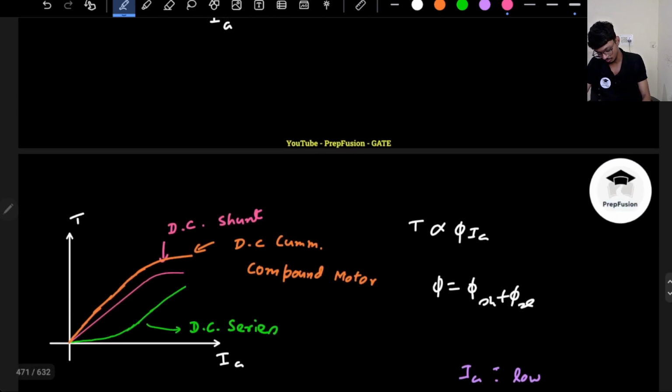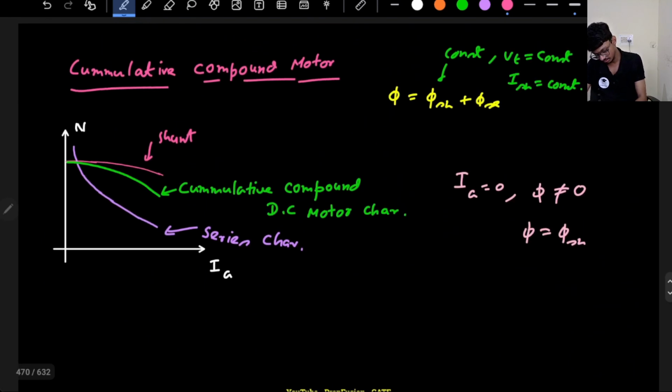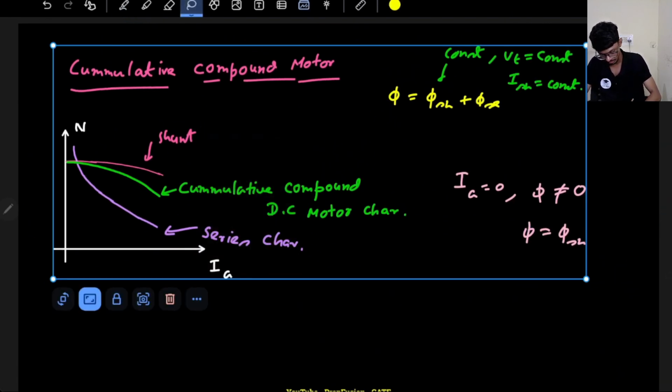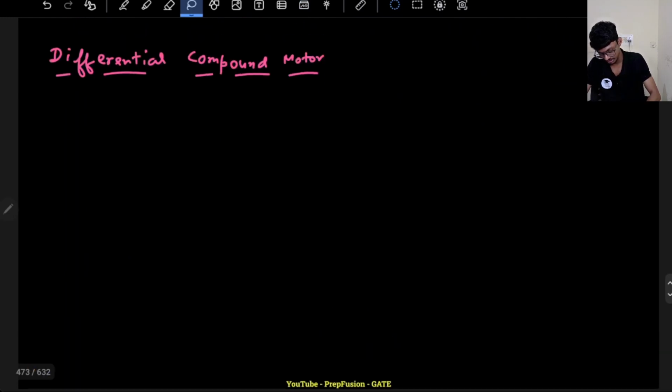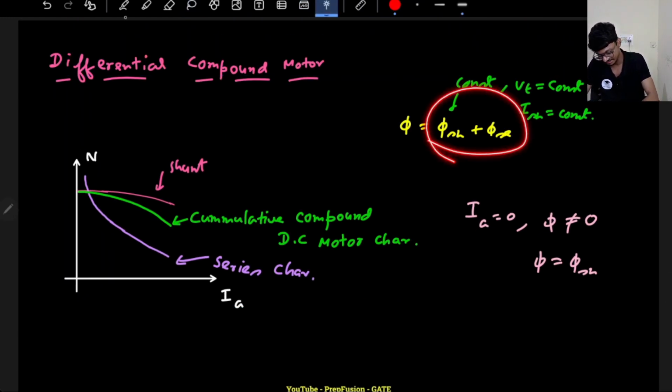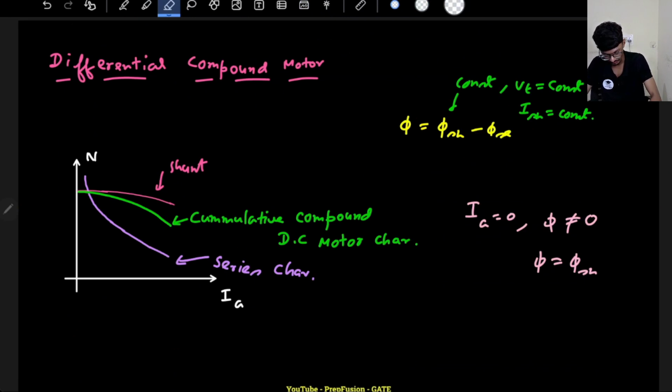For it, I will copy the graphs and all the analysis will be similar. Just the overall flux will be phi sh minus phi ac, so this will become negative here.